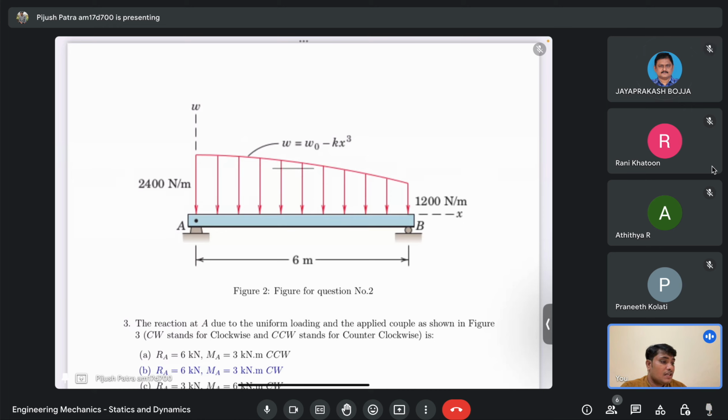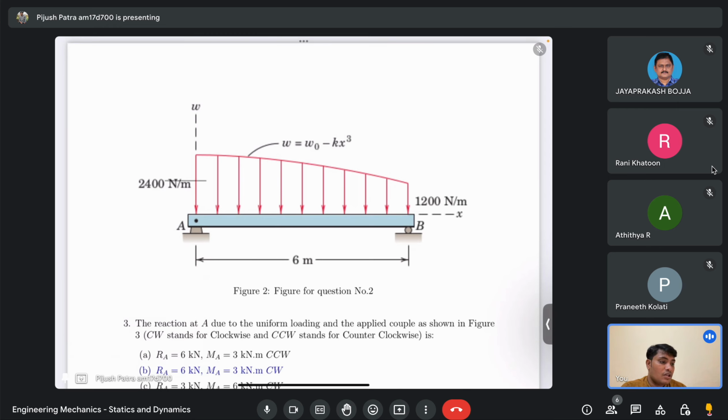What it says is that you have a distribution of load in this fashion, where W equals W naught minus K x cube, where W naught and K are both unknown, and at point A it has a pin support and at point B it has a roller support.